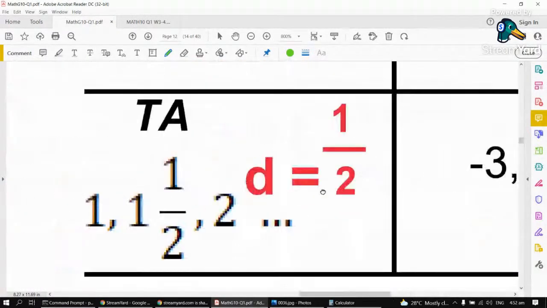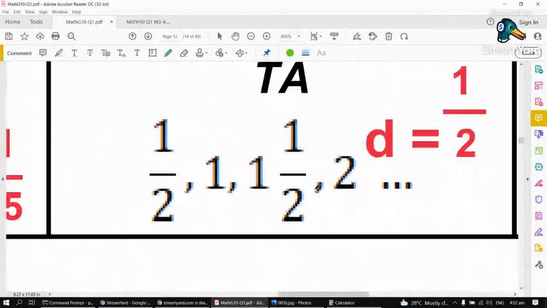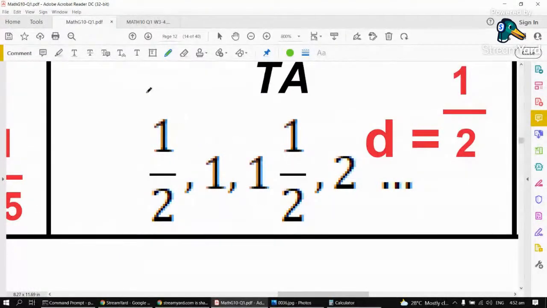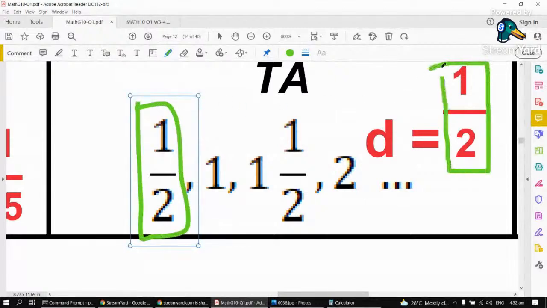Okay? So, balikan natin tong isang fraction na to. So, paano natin nalaman na ang common difference? Bakit naging common difference? Kasi nag-umpisa tayo sa 1/2, kalahati. So, yung kalahati, yung next ay naging 1. Ibig sabihin, yung 1/2 ay dinagdagan ng isa pang 1/2 para magkaroon tayo ng isang buo, 1.